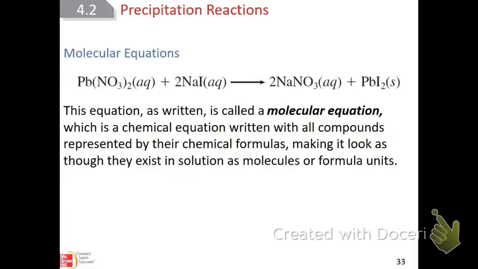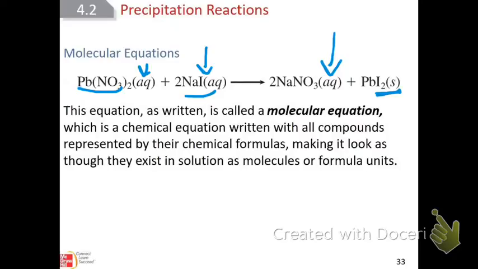So these are dissolved in water, and notice something else. You have an ionic compound here, you have an ionic compound here, and they're both dissolved in water. Okay? And over here you have, this is still dissolved in water, but look, this is a solid. It settles out. It precipitates.